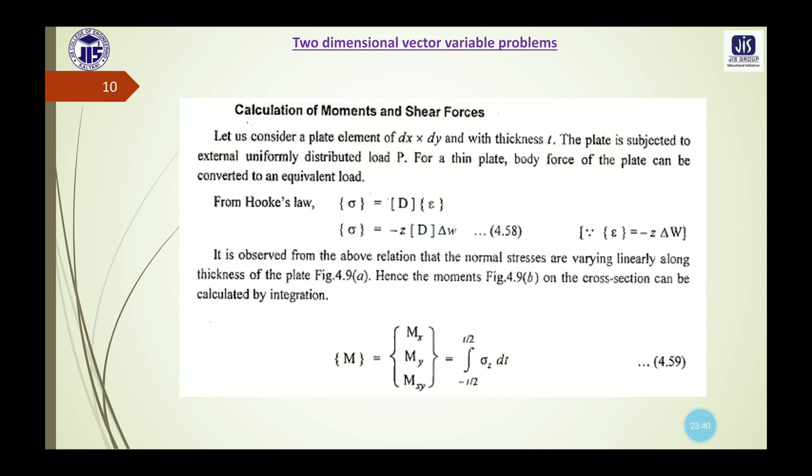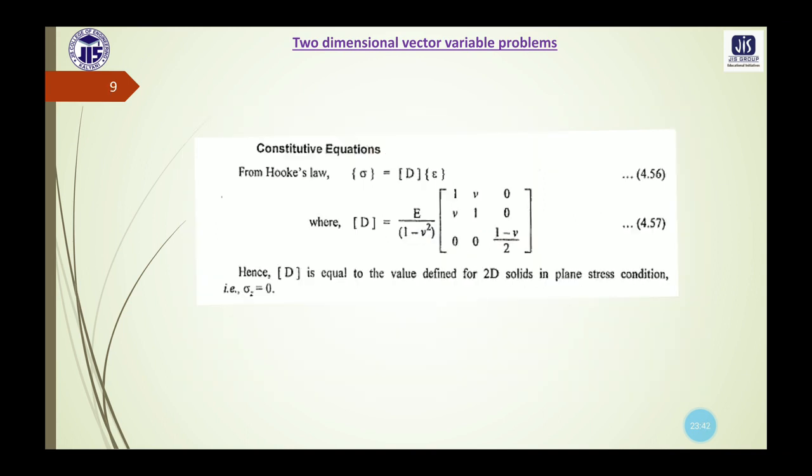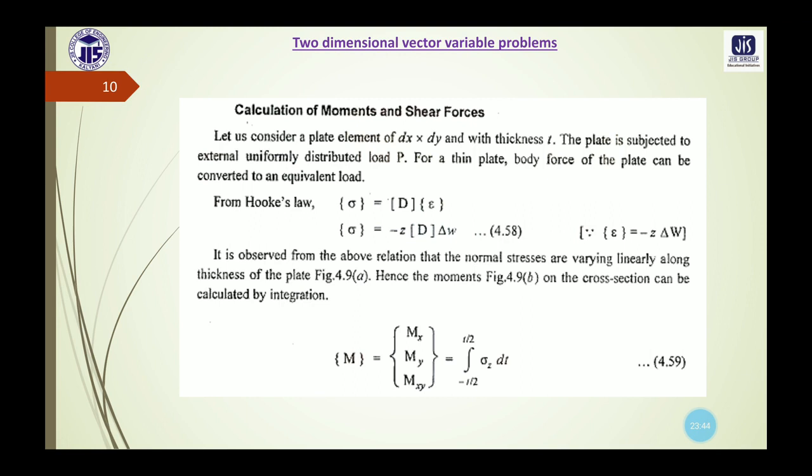This is the formula we have seen earlier in the constitutive equations. So sigma equals minus z into D into del w, because epsilon, that is strain, is minus z into del w.